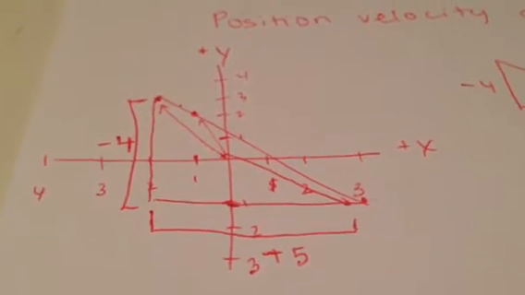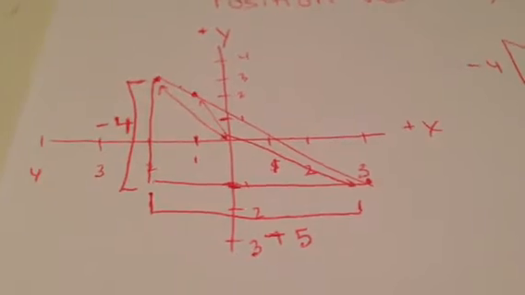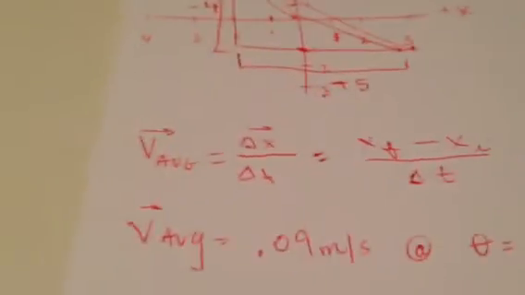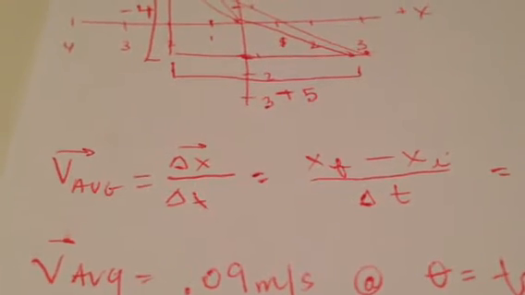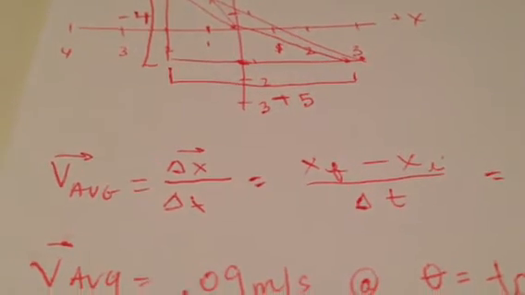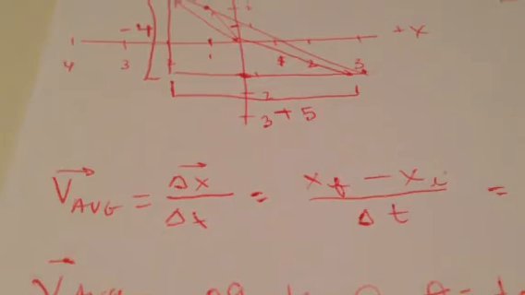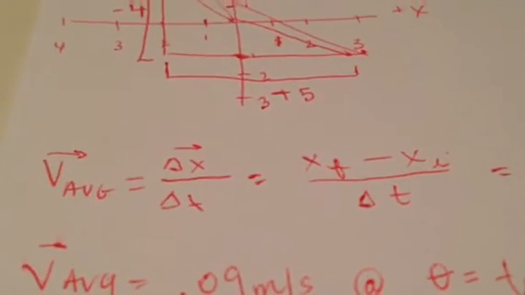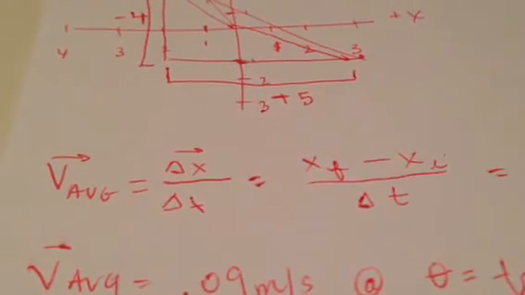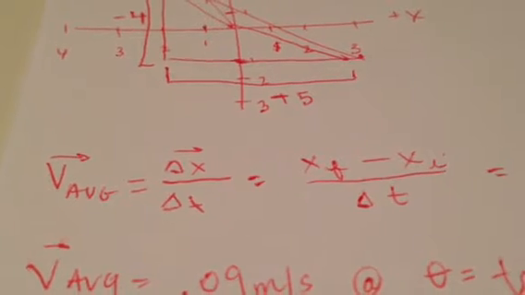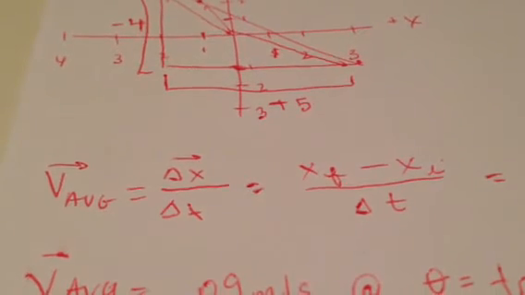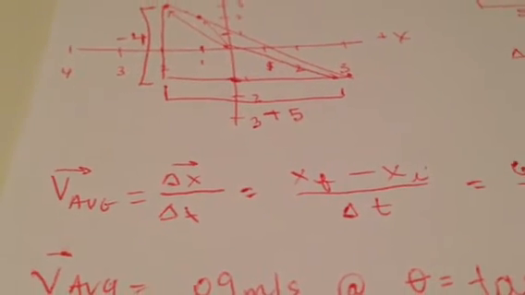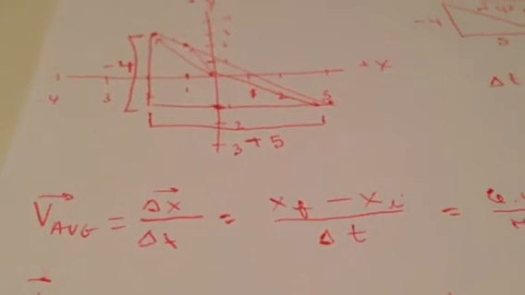In order to find the average velocity, we need to know that average velocity equals change in position, or change in displacement, which is a vector, over change in time. It's important to know that velocity and displacement are vector quantities, which means they need to have a direction at the end.